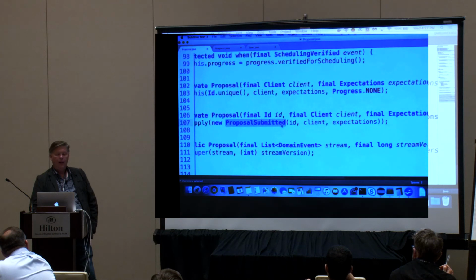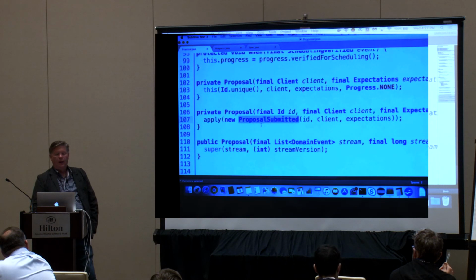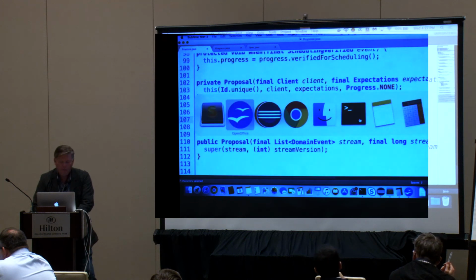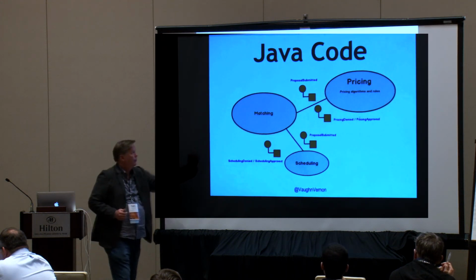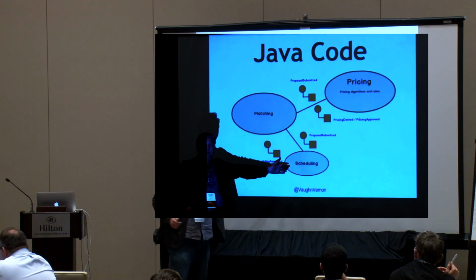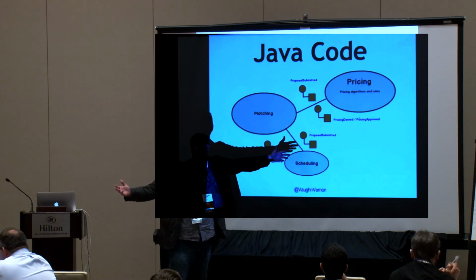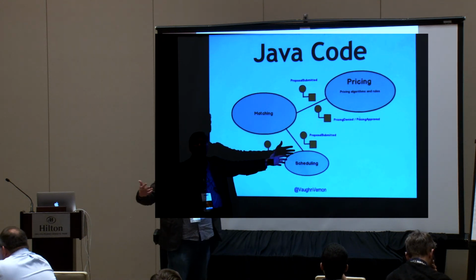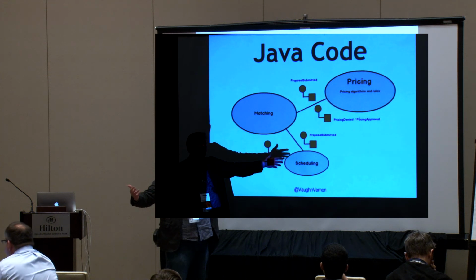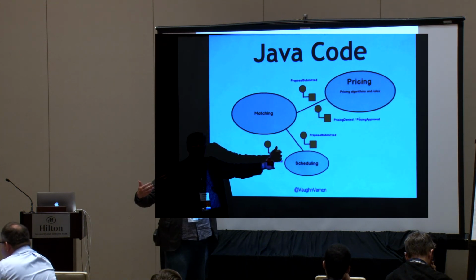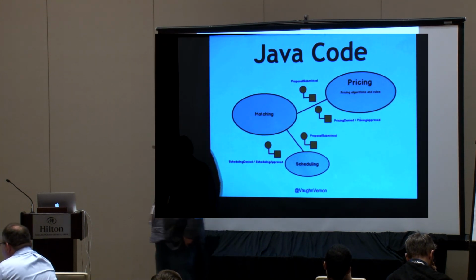We apply or emit an event, and that event that is emitted will then go to pricing and scheduling. Well, it'll go everywhere potentially, but only whoever's interested in it, or has the permission to read it, cares.